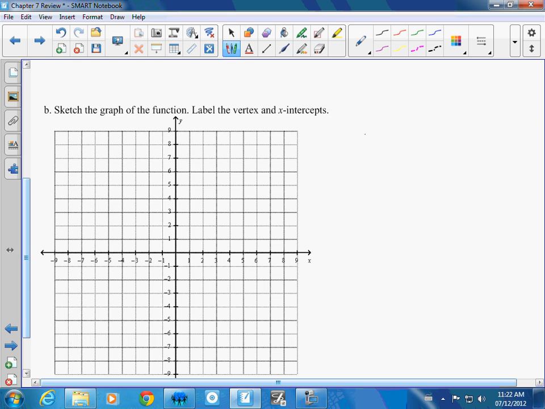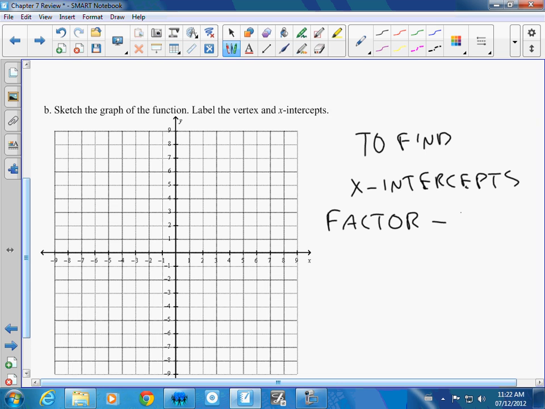So to find x-intercepts, you either factor, right? That's the easy way. If not, then use quadratic formula.